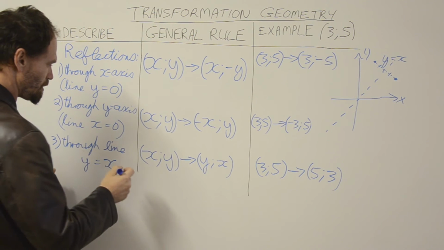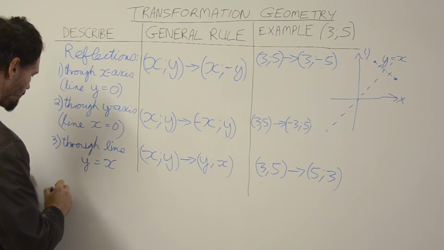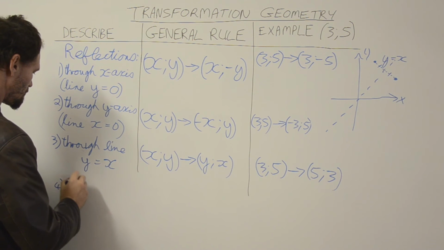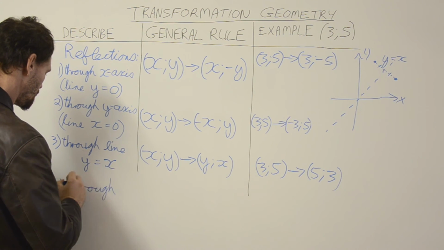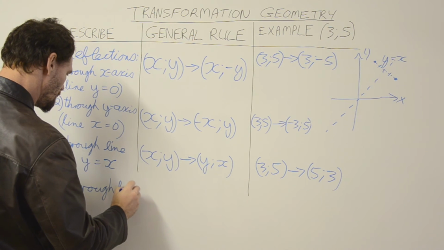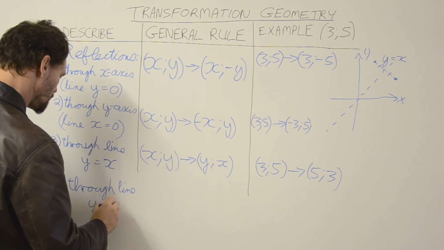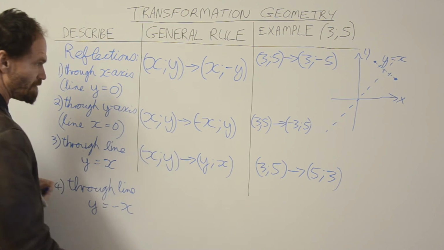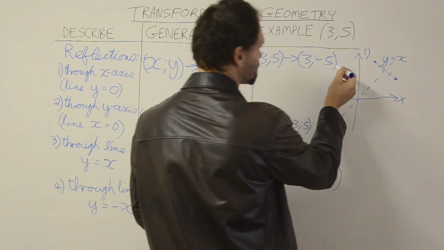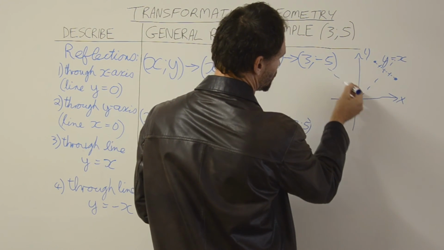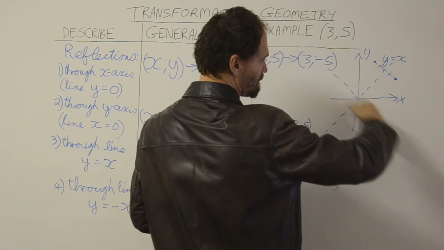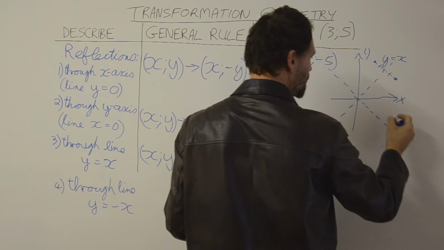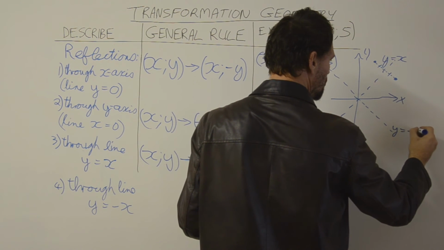And then the last one that I'm going to do, number 4, is through line y equals negative x. Now that's a line that goes also through the origin, but at an angle of negative 45 degrees. So y equals negative x.